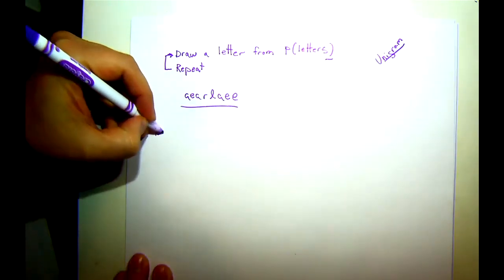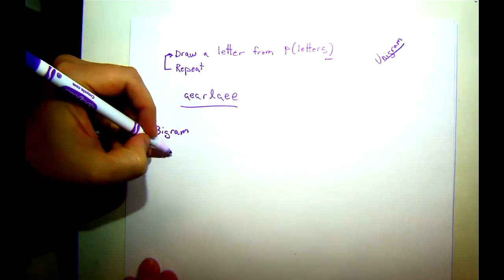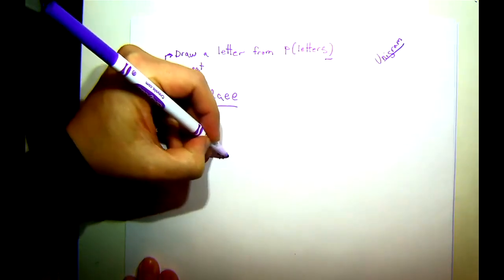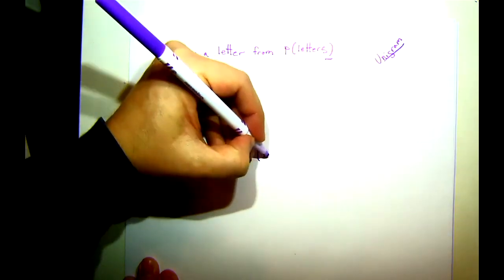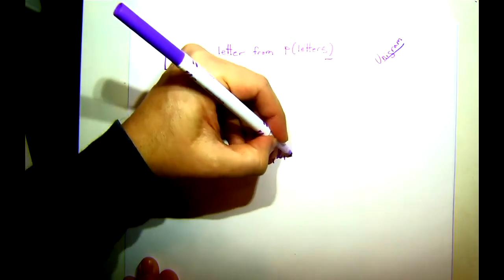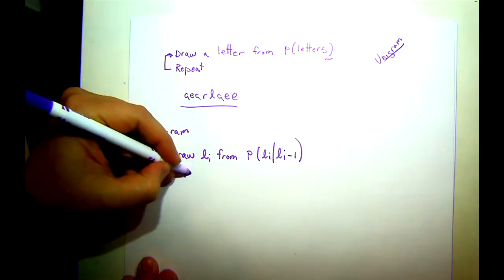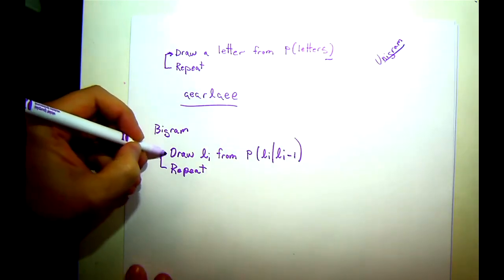A bigram model is when things start making a little more sense. So now we draw Li from the probability of Li given Li minus 1. And then we repeat. Now to get the first letter, we don't have any previous letter, so we can either use a unigram model or, who knows, there's a bunch of different techniques for generating this first letter depending on what you're trying to do.